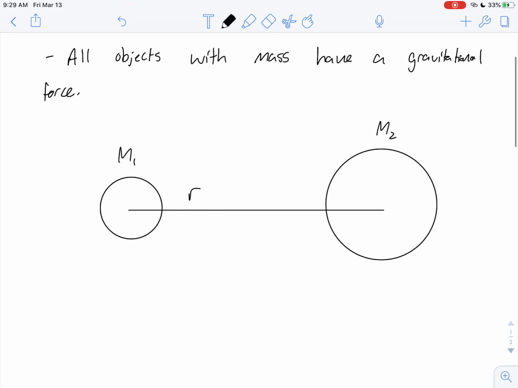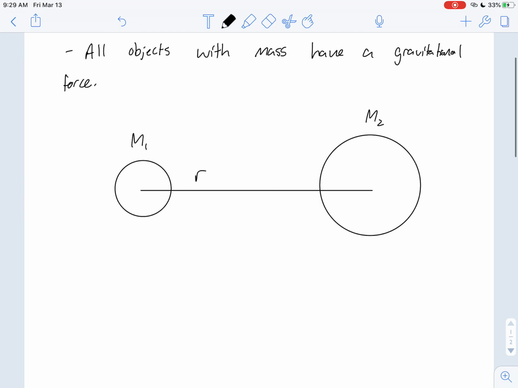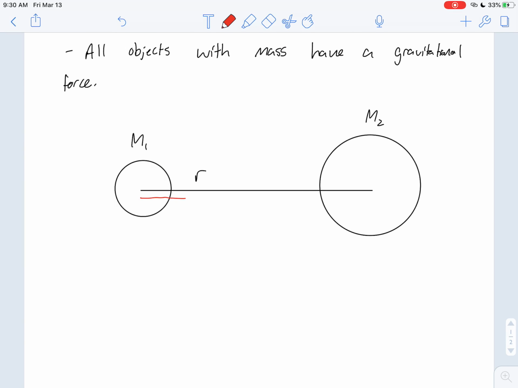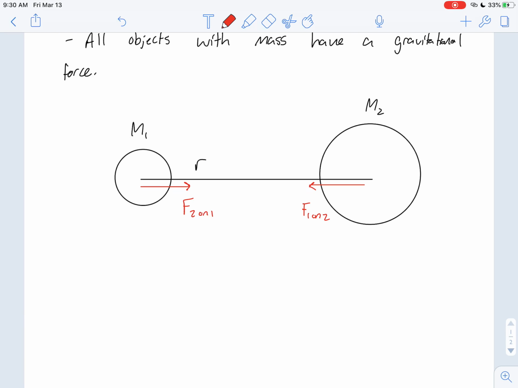So for two objects some distance r apart with masses m1 and m2, they will feel a gravitational force acting on each other. There's a gravitational force of F2 on 1, and a gravitational force of F1 on 2. And we know from Newton's third law that those two forces are equal. F2 on 1 is equal to F1 on 2.